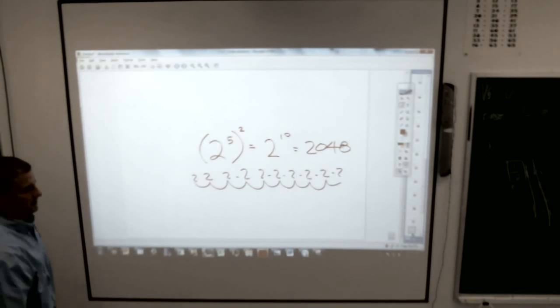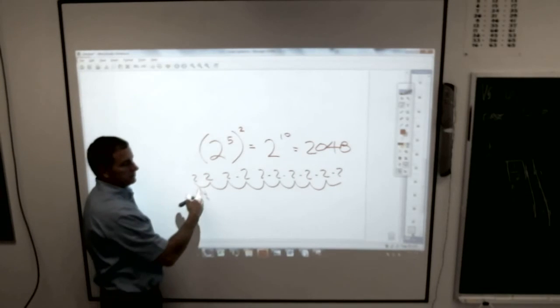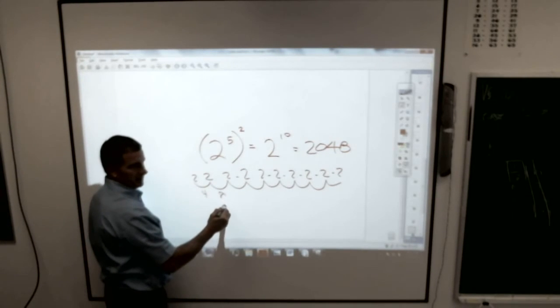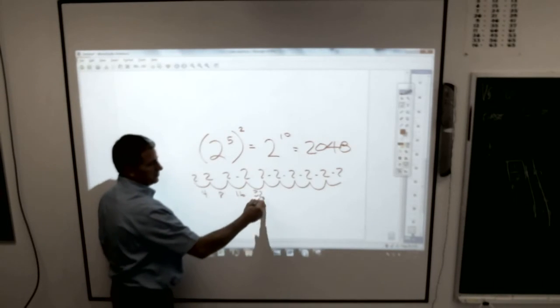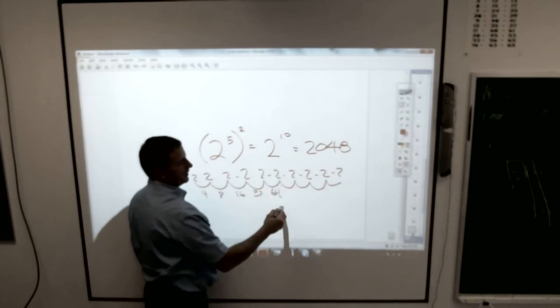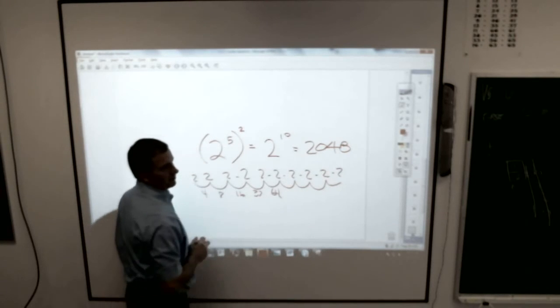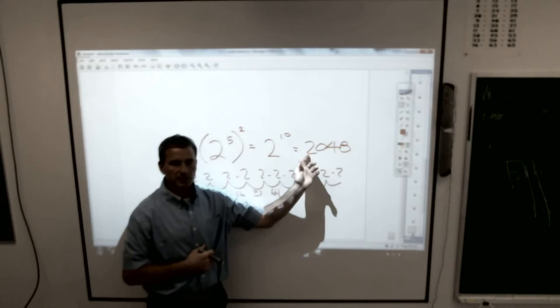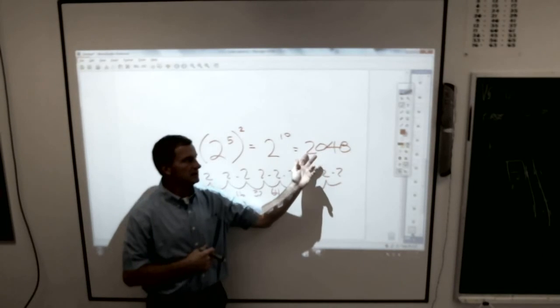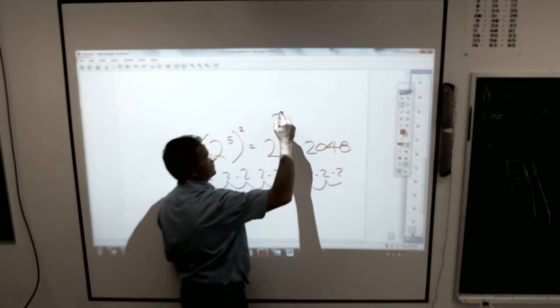Exponential growth means this: it starts out slow. I mean, 4 and 8 are not big numbers. 16 is not a big number. 32 is getting a little bigger. 64, once you get here, what would be 2 to the 11th power? Multiply that by 2, you get 4,096.